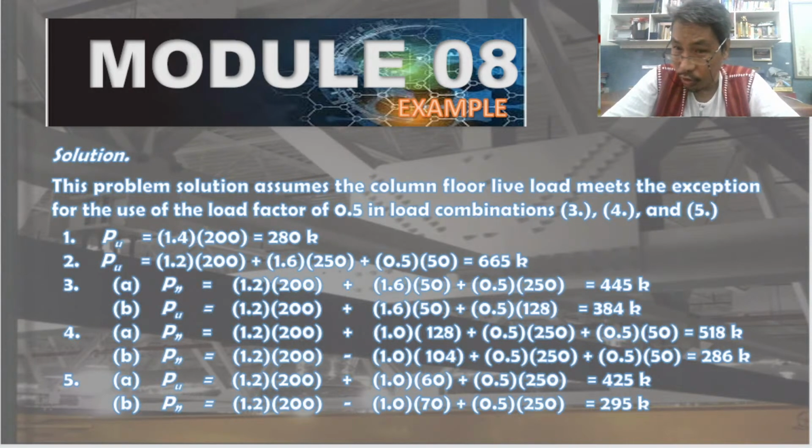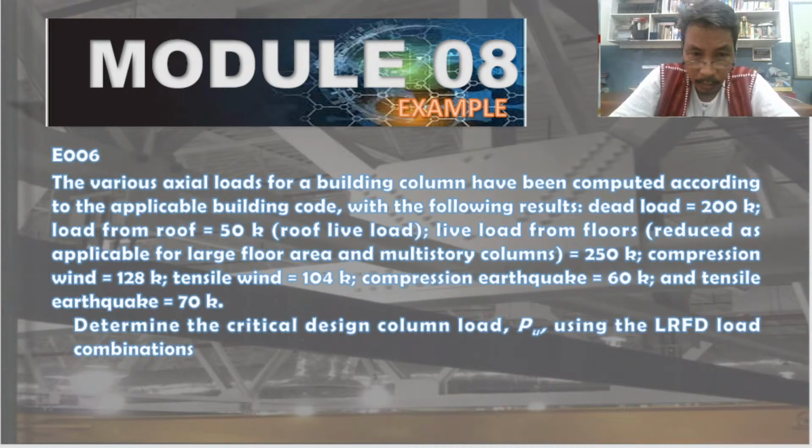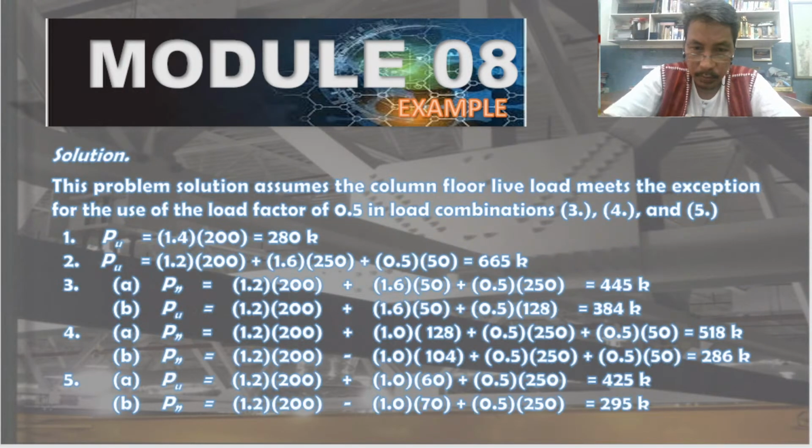So there is one condition. If it meets the condition, what is the value of roof live load? Given roof live load is 50. So we can use that for equation 3, 4, and 5.